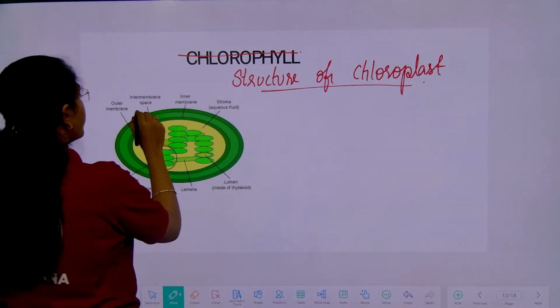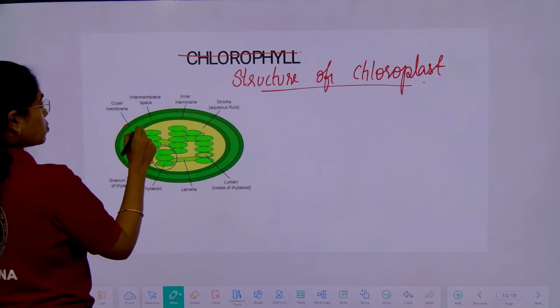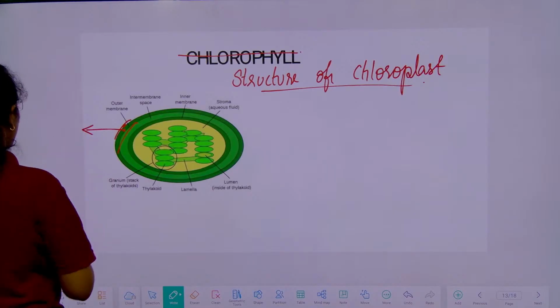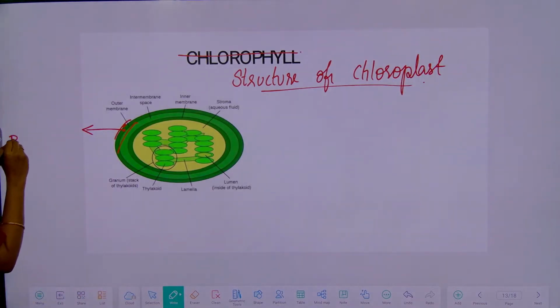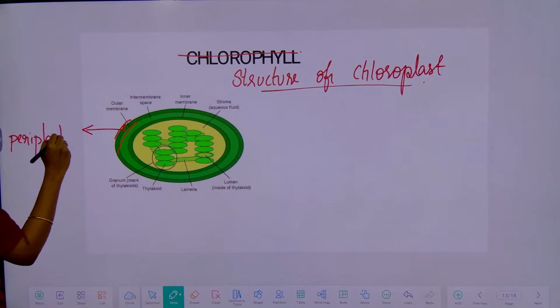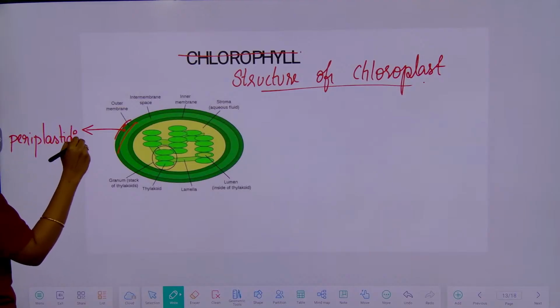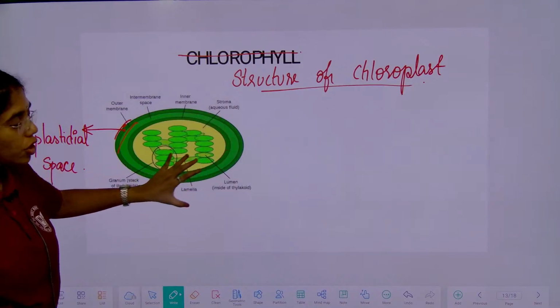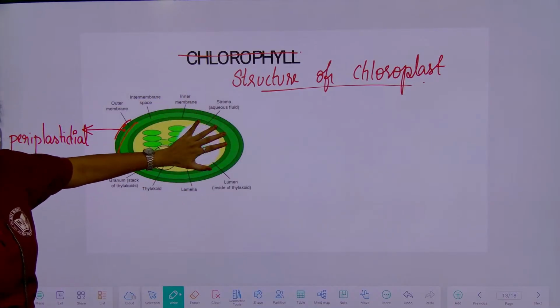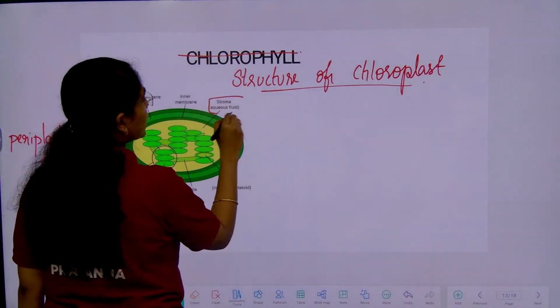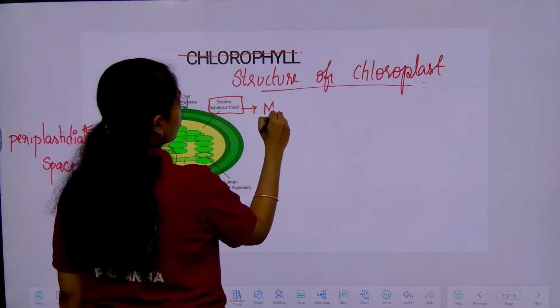The space between the outer and inner membrane is addressed as periplastidial space. And inside, the matrix of the chloroplast is filled with a fluid space that is known as stroma. Stroma is the matrix of the chloroplast.